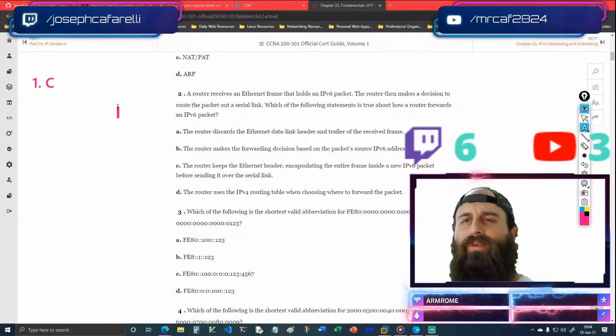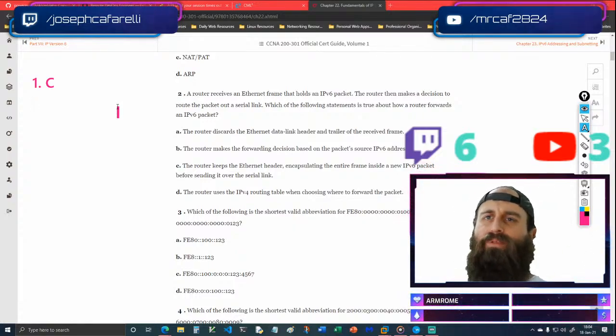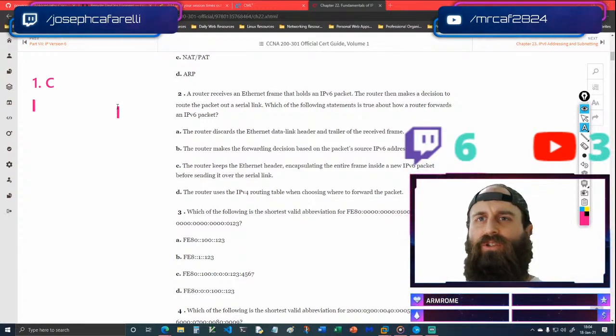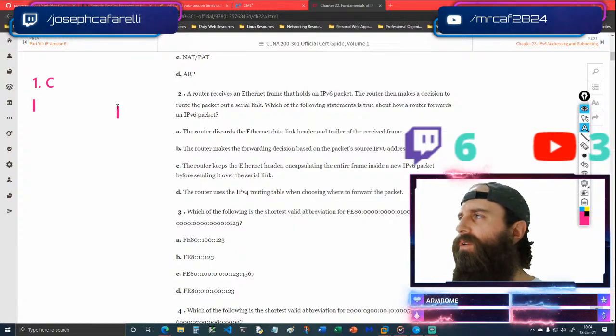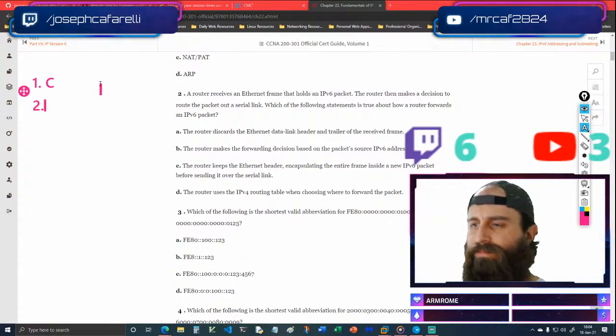So either way, even if it's IPv4 or IPv6, it's going to re-encapsulate that packet inside of a new HDLC or header and trailer, or whatever you have, wherever it's going to be routed. So let's go with 2. Let's go with A on that one.